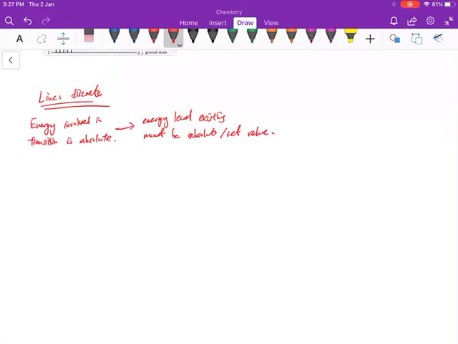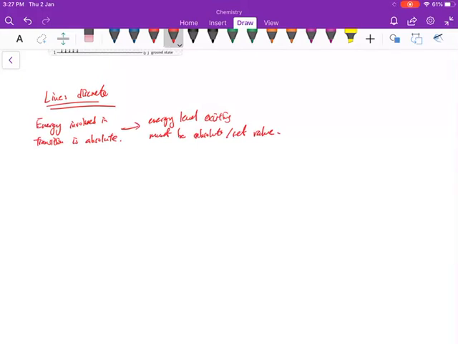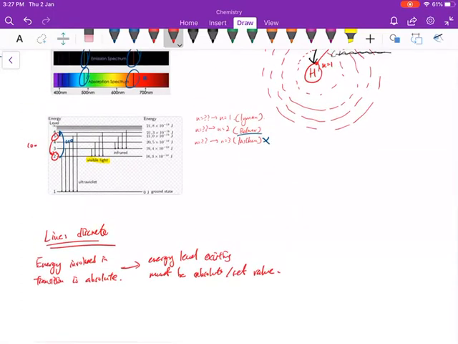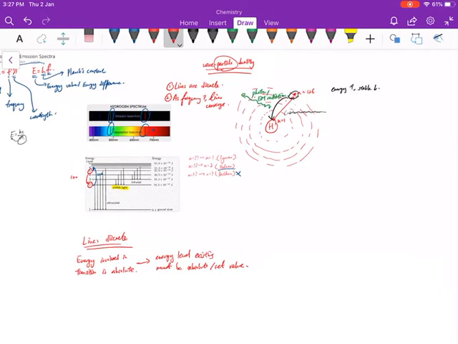If you have 100 kilojoules of energy, you're in n equals 1. If you have 200 kilojoules of energy, you're in the n equals 2 energy level. This is what energy level means. And hence the lines are discrete. Well, perhaps it doesn't make sense.